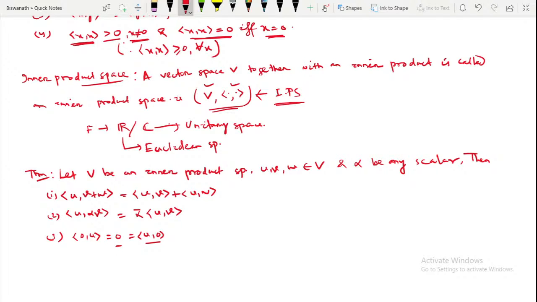That means if one vector in an inner product is 0, then the result is 0. Now we'll prove this.